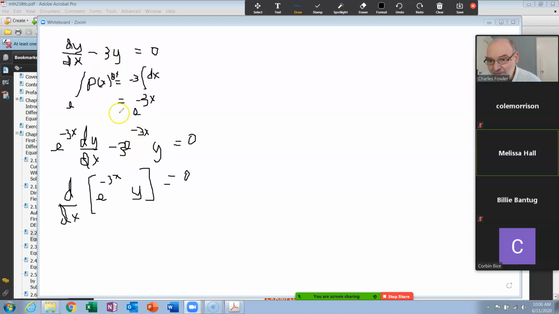I just left off the 3. Whew. Okay, because the second part of your product rule would be the first times the derivative of the second, that's what you got here, plus the second, y, times the derivative of the first, and the derivative of the first would be e to the minus 3x times a minus 3, and there it is. Sure enough, that is the perfect derivative of this product.